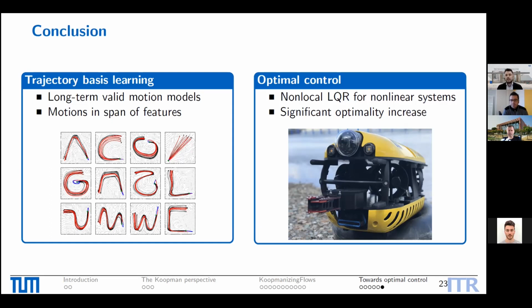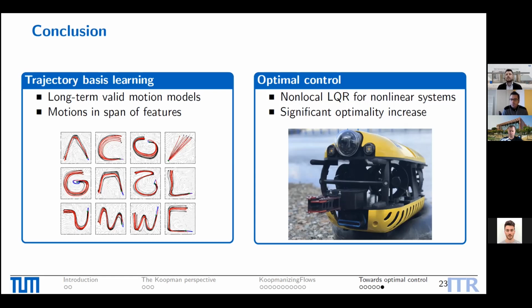We've also shown long-term valid motion models, which is quite nice. And in this very geometric example, it's quite nice to see that our intuition about learning the geometry through our theoretically well-backed approach came true.